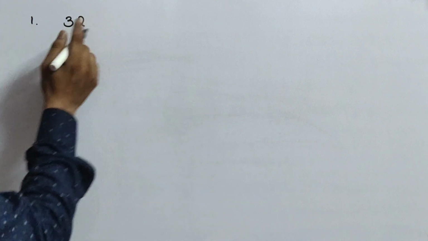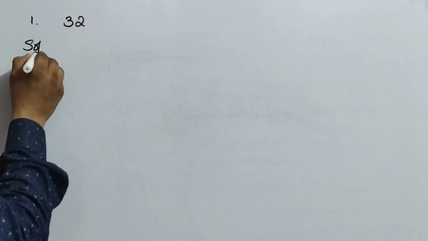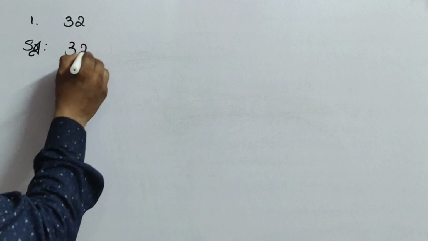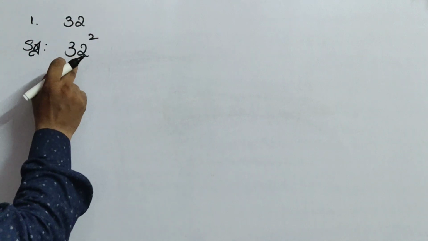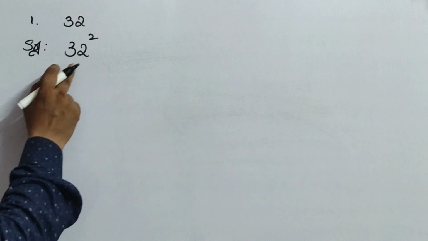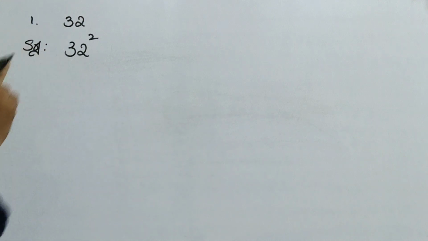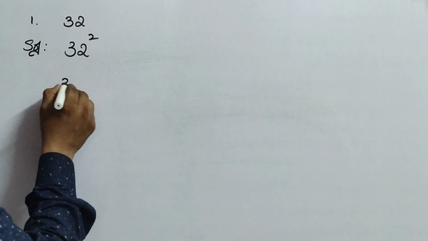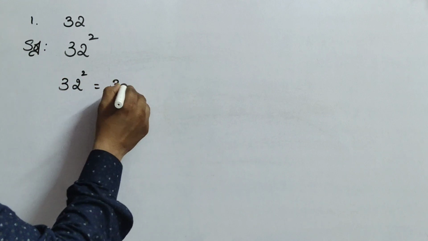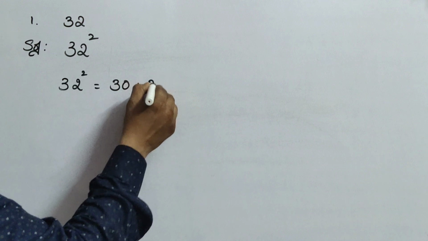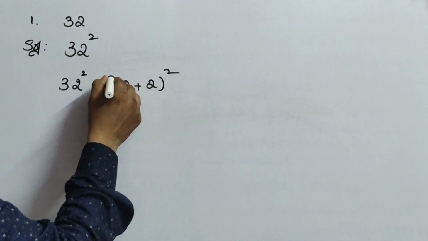So here the first question is 32. That means 32 square, because they asked for the square of the given number. But how do you do it without actual multiplication? See here, 32 square can be written as 30 plus 2 whole square.